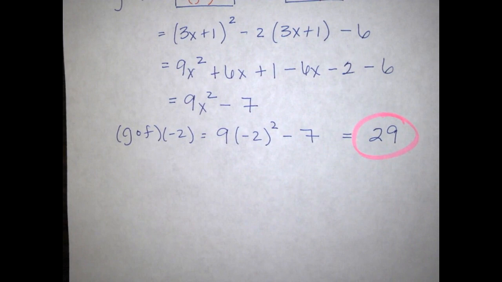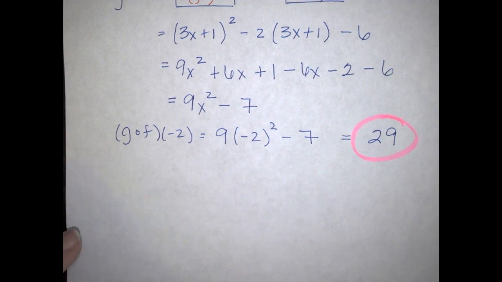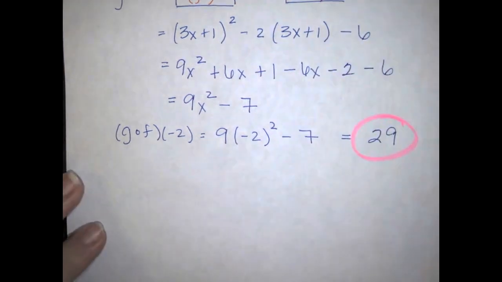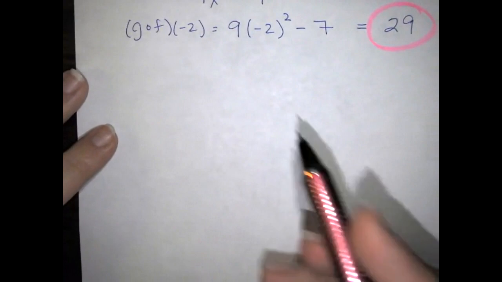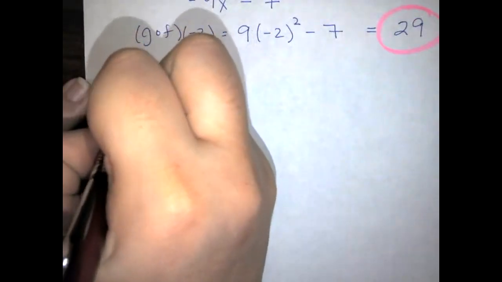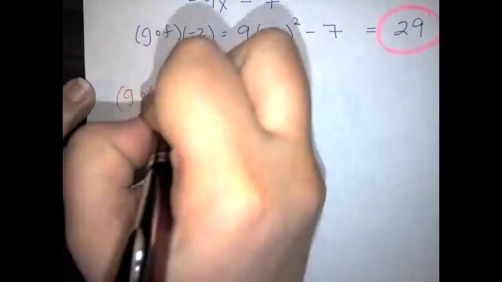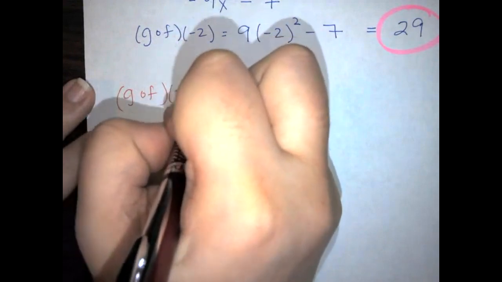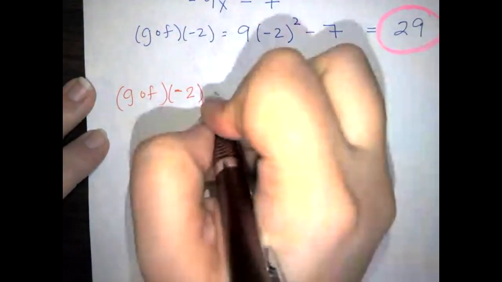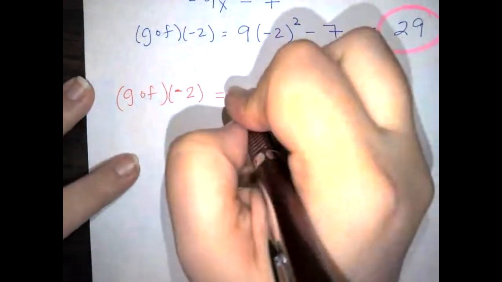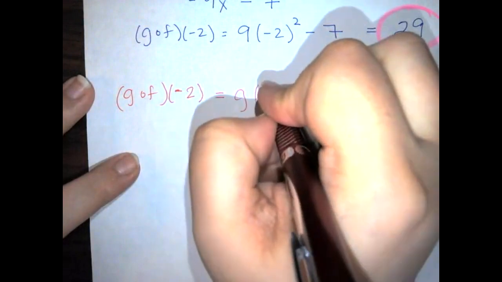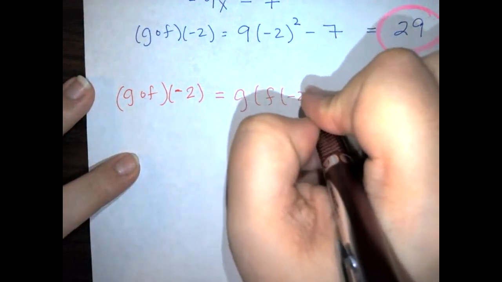Now, just like before, I want to point out a second way that you could approach this when you have a number to evaluate by. Again, we are looking at g of f, but we are evaluating at negative 2. So that's g of f of negative 2.